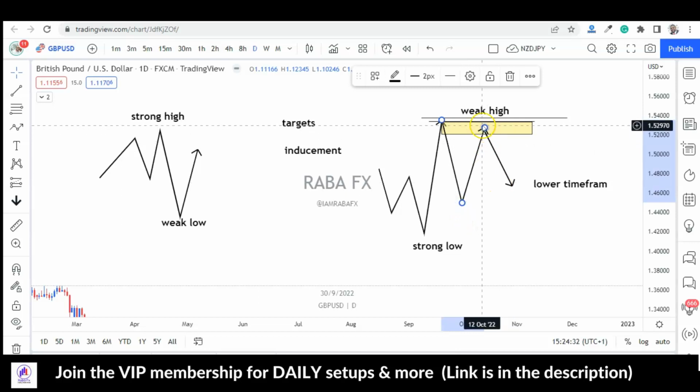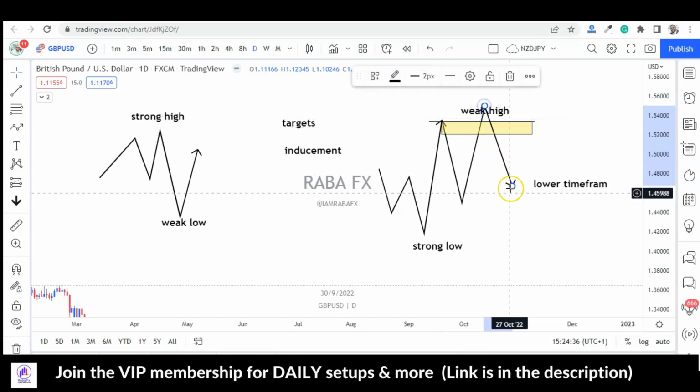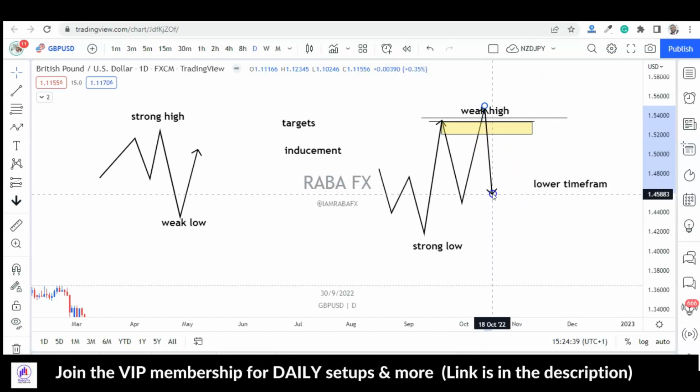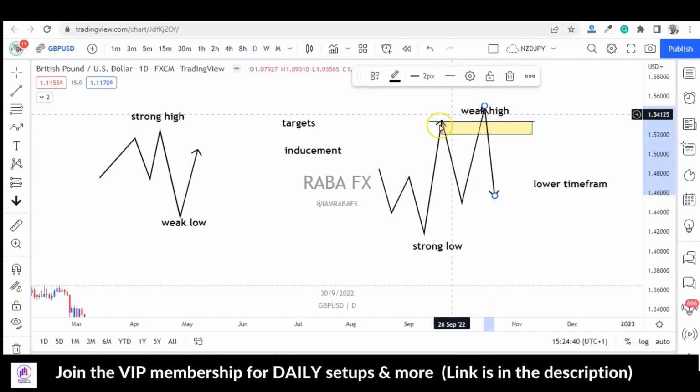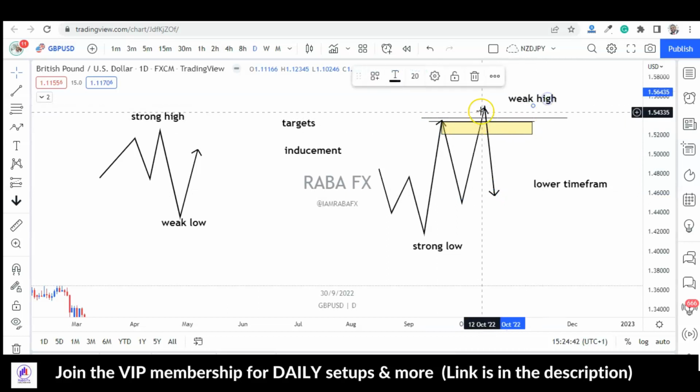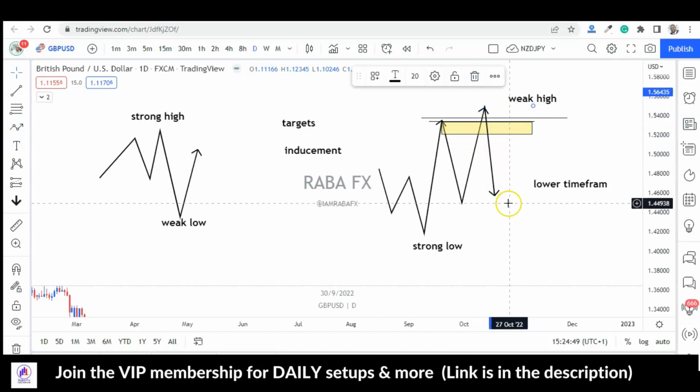Now let's assume price clears this high and then traces down. Now by clearing the high just by the wick, price moves just the wick and then returns back.